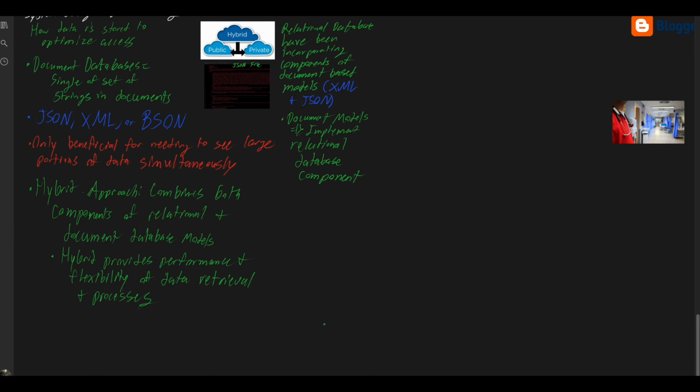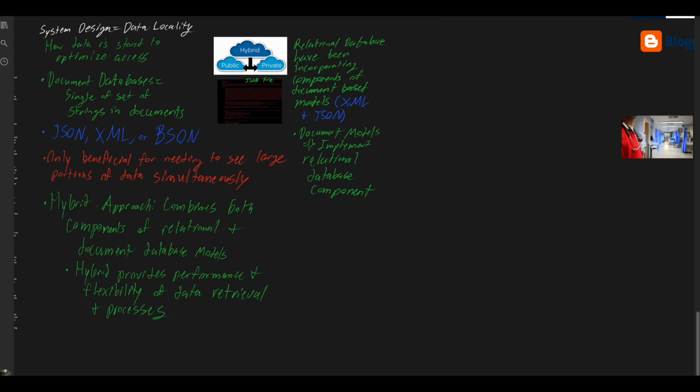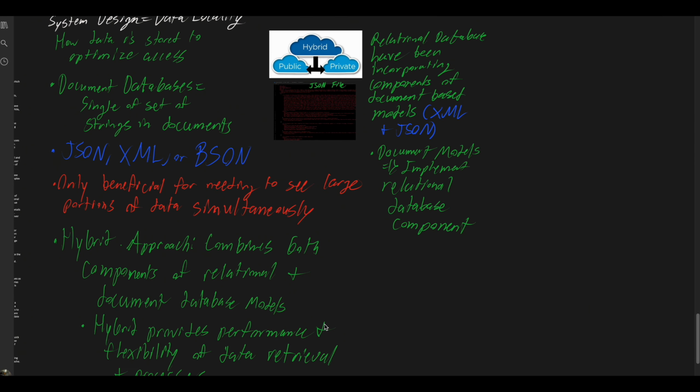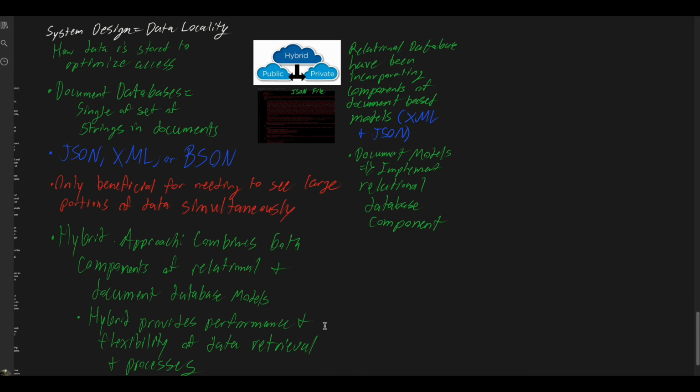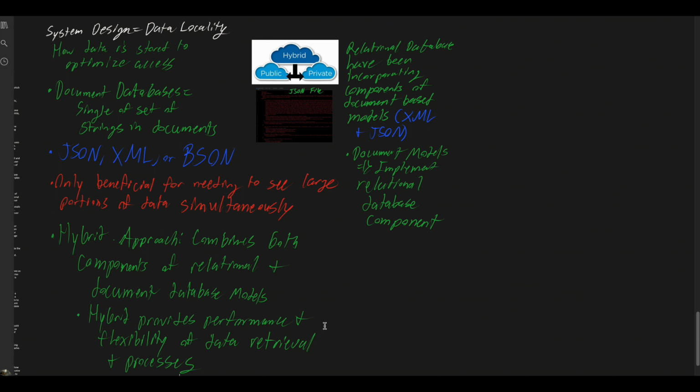So if we want to go over our notes, let's clean some parts of this up. Components of document-based models. Okay, so relational databases and document databases. I'm just going to clean this part up so we already know what we're talking about. Document databases.